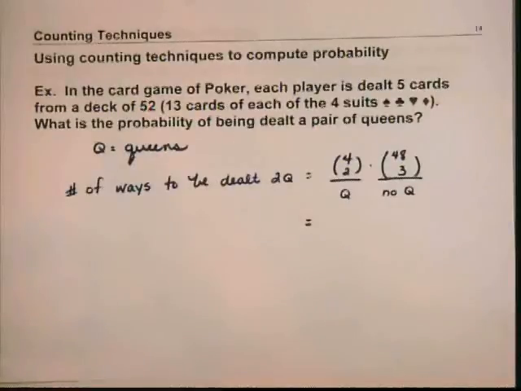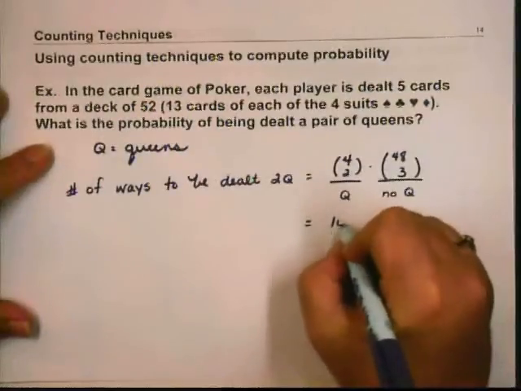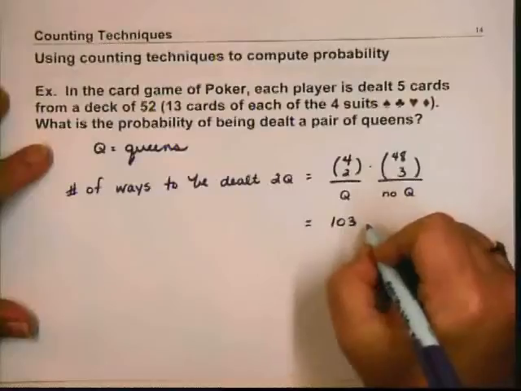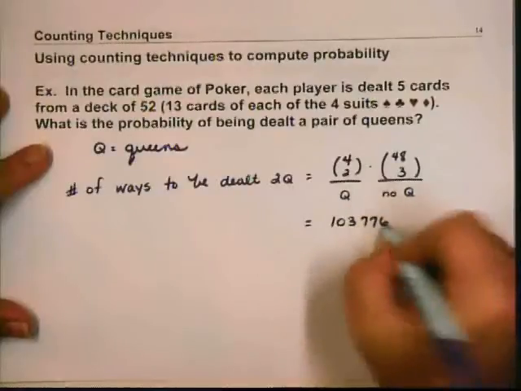So the number of ways you could be dealt 2 queens is equal to I have 103,776. Do you agree?